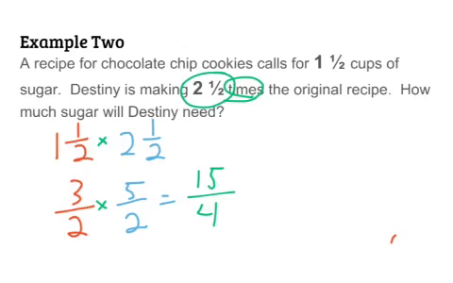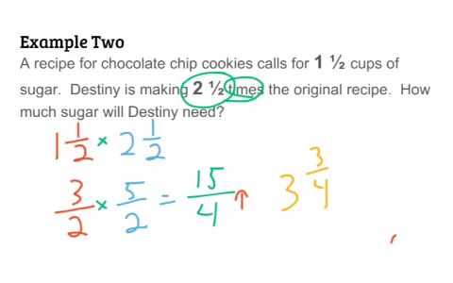Again, we have an improper fraction, and we read that as 15 divided by 4. Well, we could set that up, or we can just try to figure this out. 15 divided by 4. We know that 4 goes into 12 exactly 3 times, and the remainder from 12 to 15 is 3, and we put that over our 4.